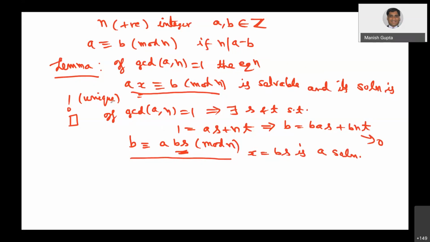Now the second part: I have to prove that this is a unique solution. Suppose this is not a unique solution. Suppose x and x prime are two solutions.